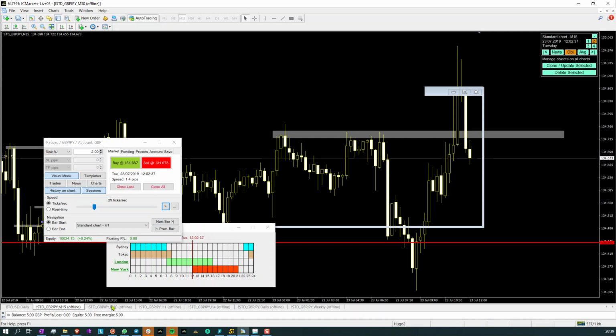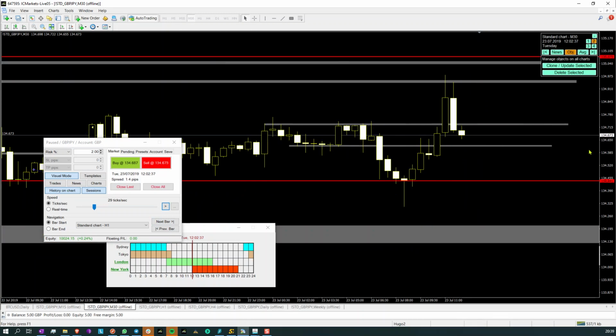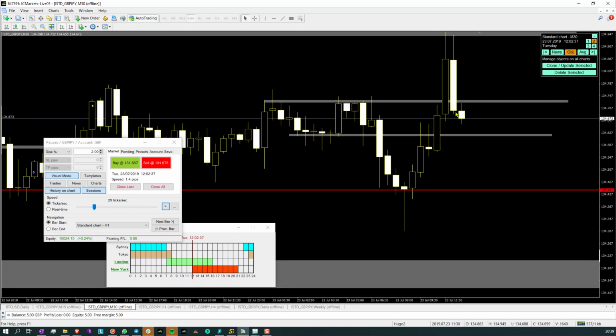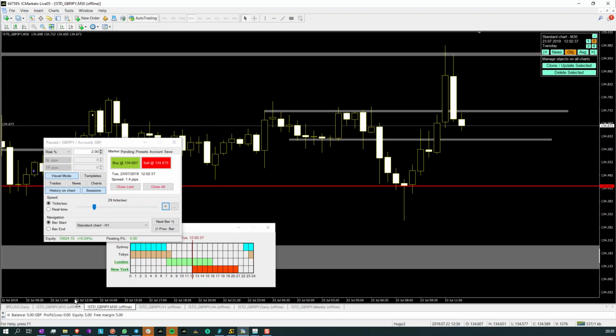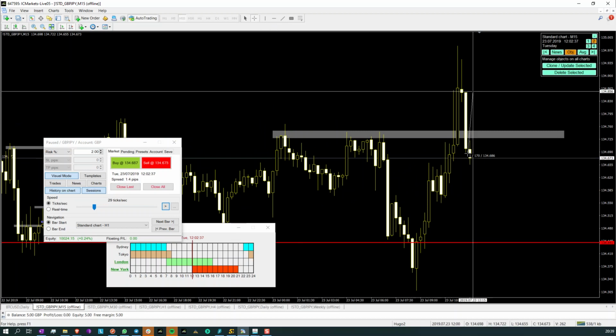Because we have an M30 close here inside the range. And we broke that M30 down. But where do I put my stop in there? Well, 17 pips.